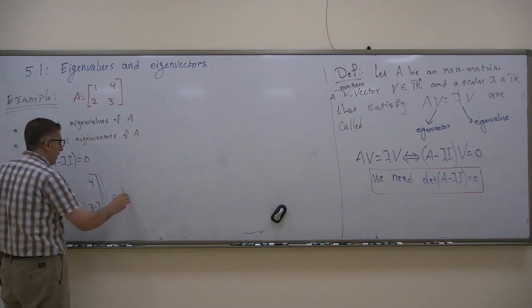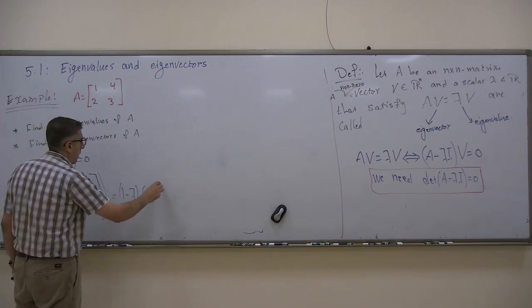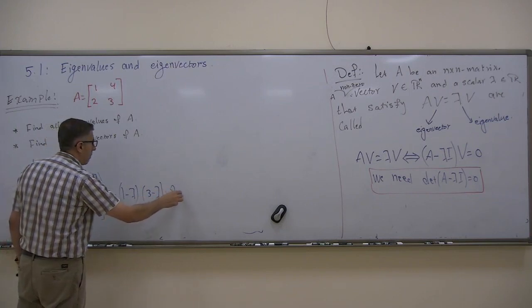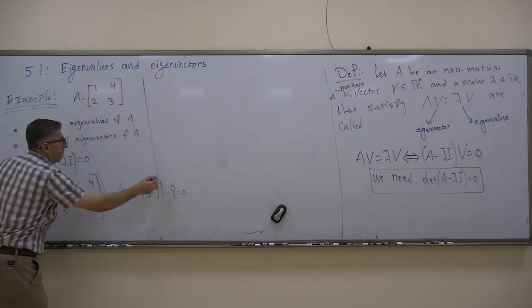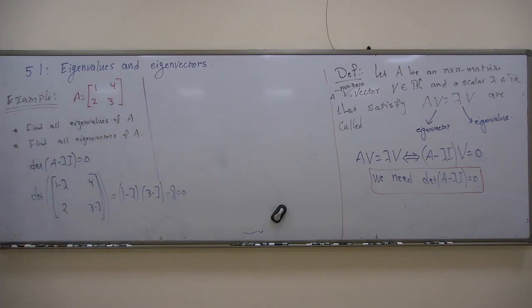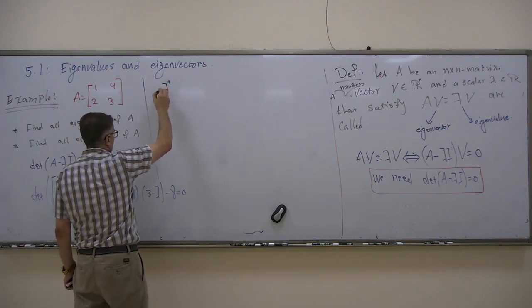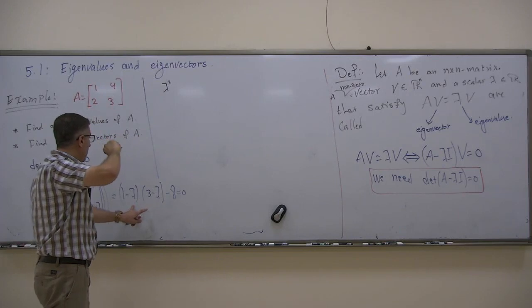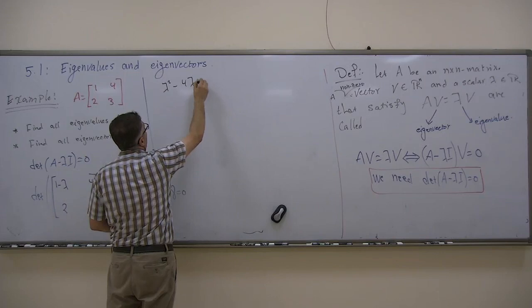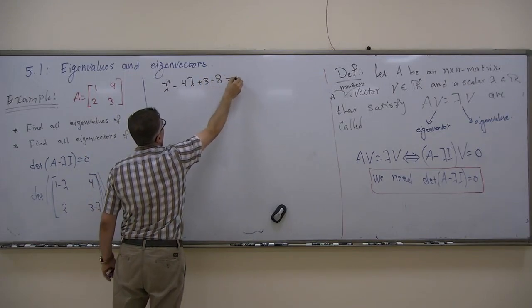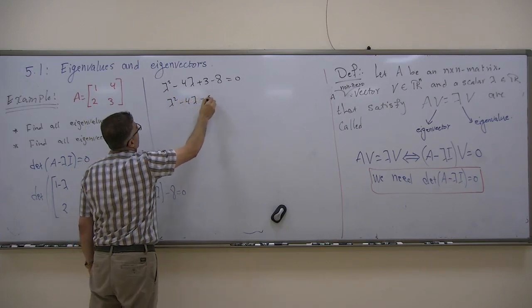It is (1 minus lambda)(3 minus lambda) minus 8 equals 0. So what do you get here? You get lambda squared minus 3 lambda minus lambda minus... and here you get plus 3 minus 8 equals 0, which is lambda squared minus 4 lambda minus 5 equals 0.